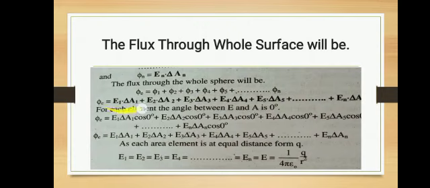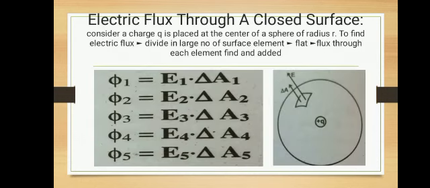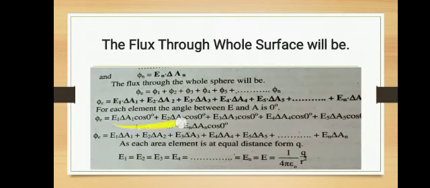Now the formula for phi E changes. Put the values of phi 1 as E dot delta A1, phi 2 as E dot delta A2, phi 3 as E dot delta A3, and so on up to phi n.